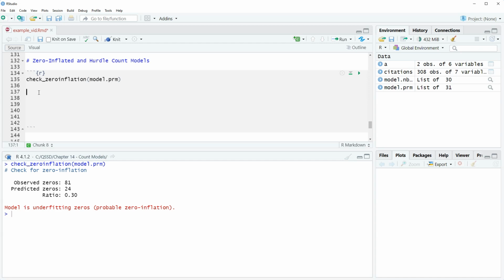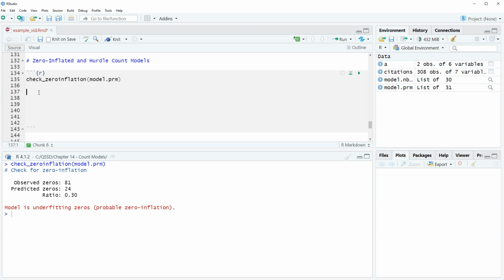Do you know why a variable might be zero, and do you have predictors to really explain that? If you don't, then they advise using the hurdle. But it's also the case that some fields tend to use zero inflated more than hurdle, and vice versa.